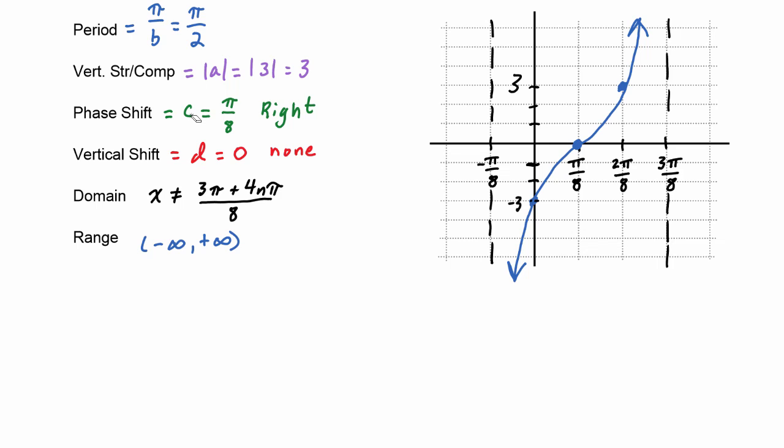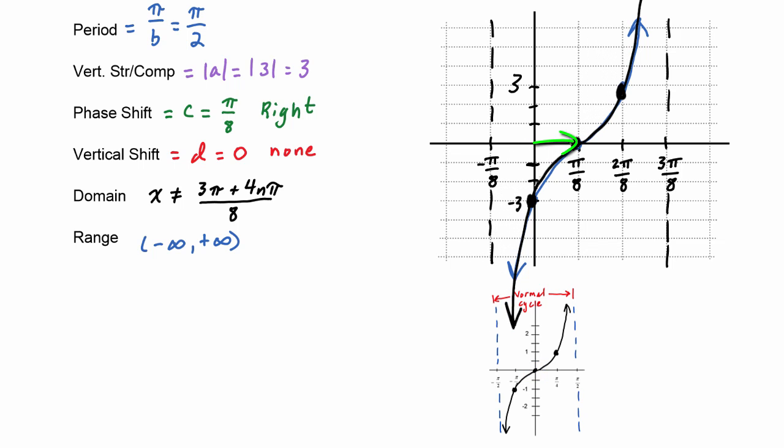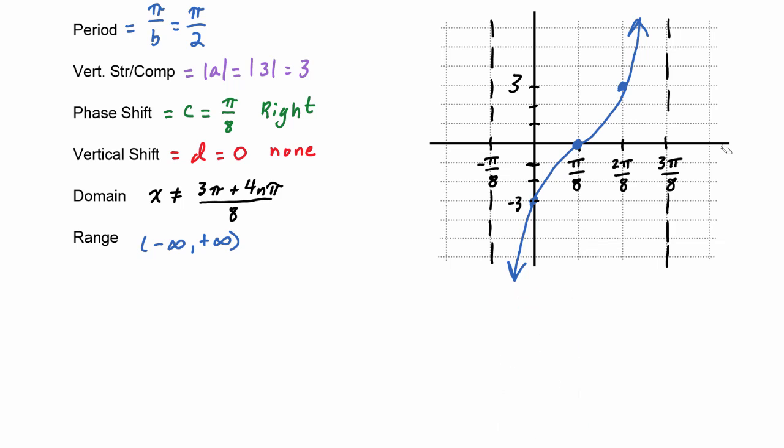Now when we look at the graph of unaltered tangent, we know that at the y-axis should be where that center value happens, the root. And instead, that root has moved over to the right by pi over 8, so that checks out. And the vertical shift checks out to be none because we end up right here with that middle point right on the x-axis. So there's our graph of this tangent function.